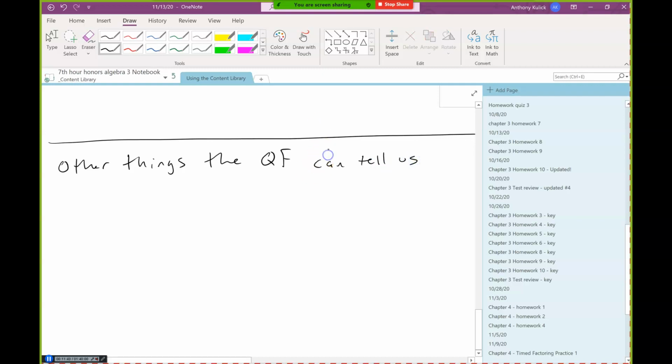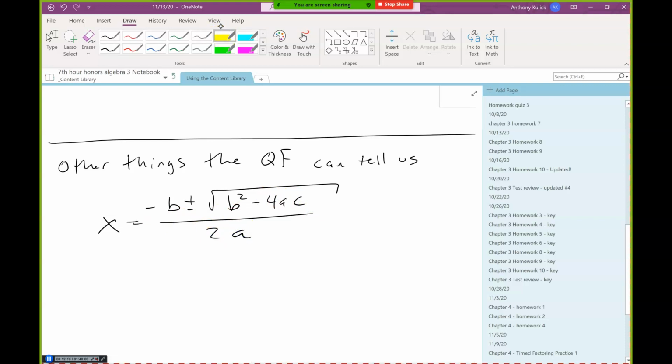All right, so some other things that the quadratic formula can tell us. So the quadratic formula, -b plus or minus the square root of b squared minus 4ac, all over 2a, right?